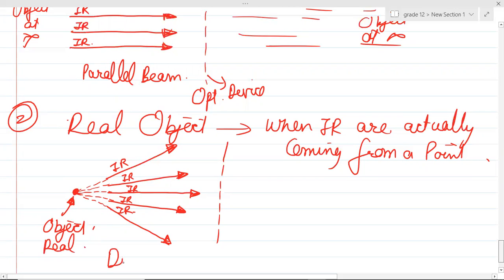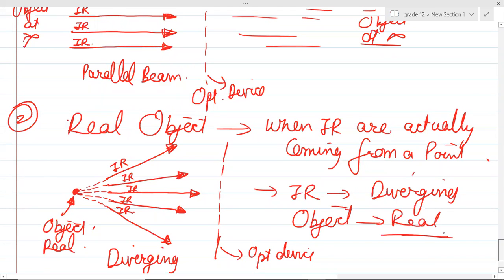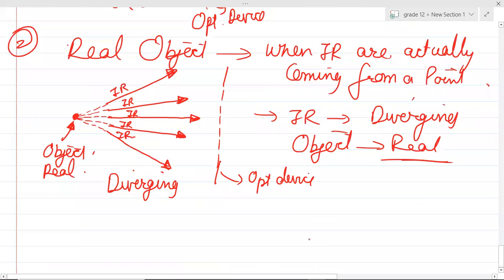So always remember, whenever the incident ray beam is diverging in nature, then the object will be real. Is this clear, guys? Is this clear?